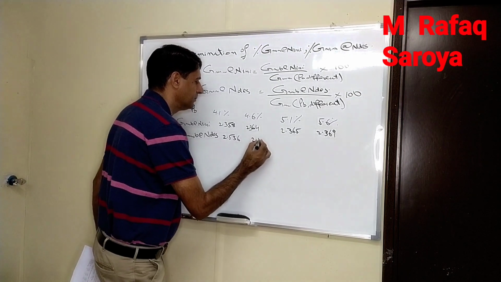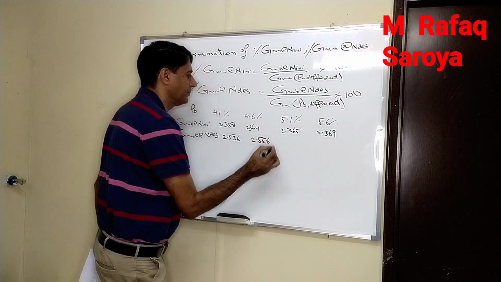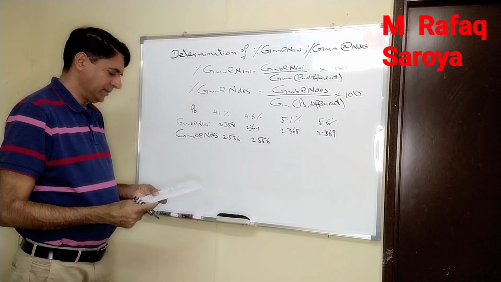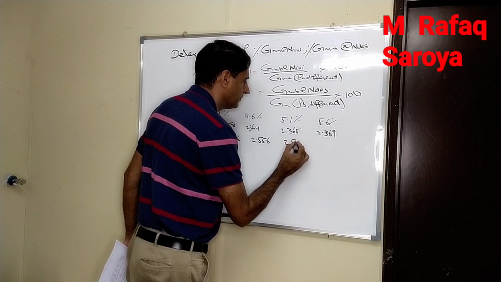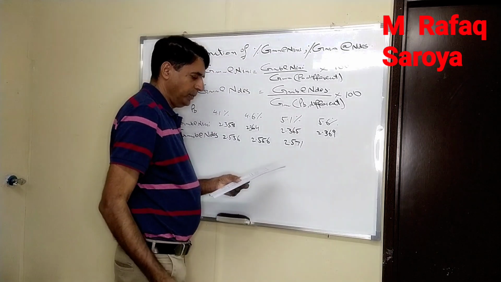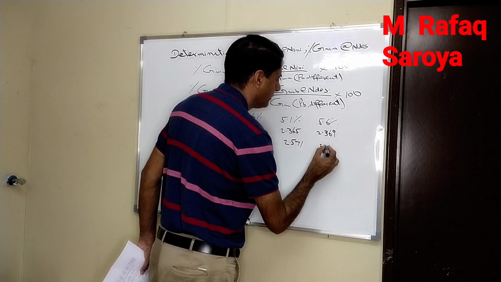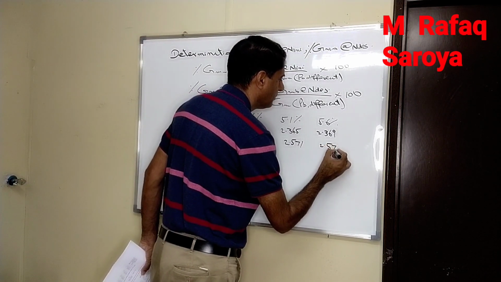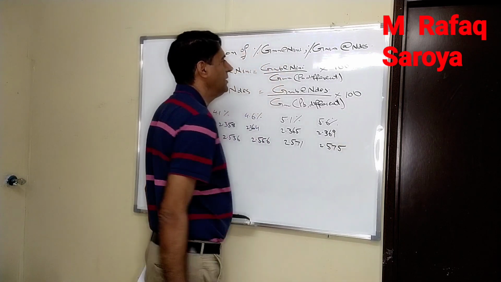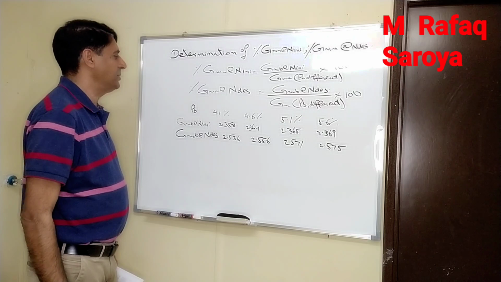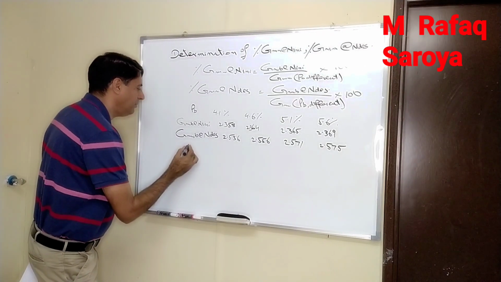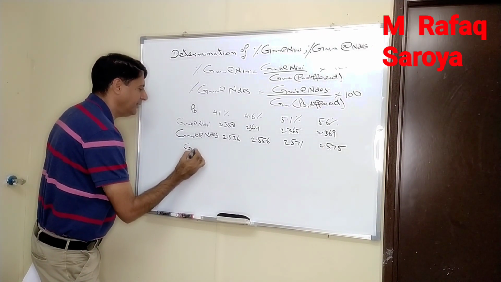2.556. 2.571. 2.575. Similarly, this value of Gmm, the theoretical maximum specific gravity, at each binder content we have determined.